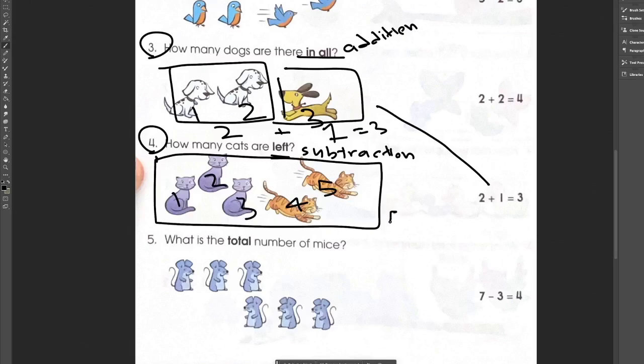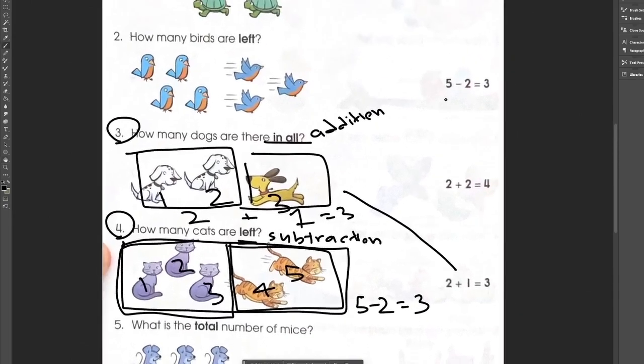So 5 is our original number. 2 cats are seen leaving, so we put a 2 here, and then it seems that 3 cats are left, so it's 5 minus 2 equals 3, which is right up here.